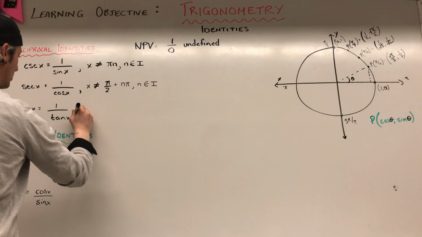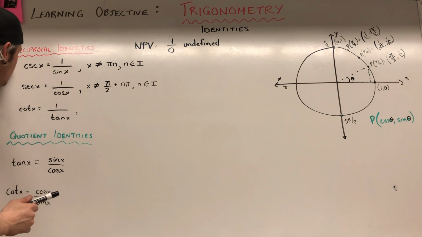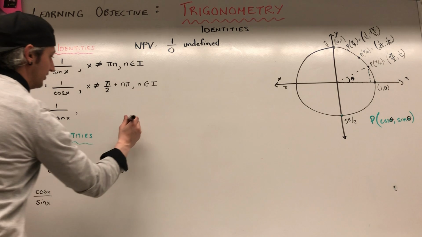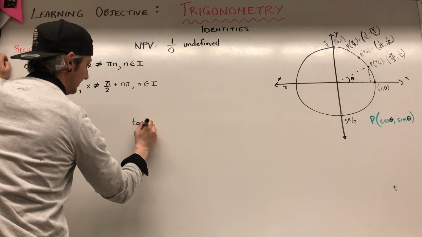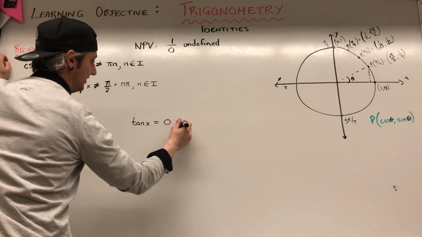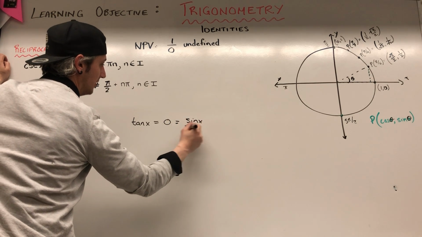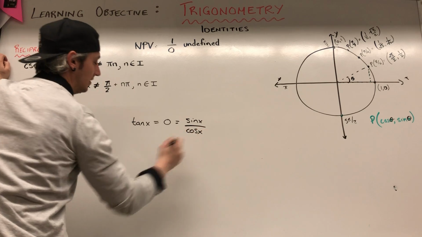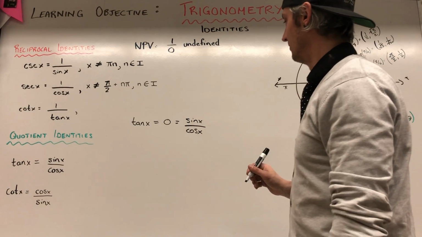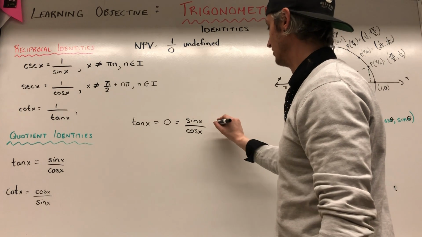Here, cotangent, where is tan of x going to be undefined? Or where is tan of x going to be equal to 0? So where is tan of x equal to 0? Well, tan of x is equal to sine of x over cos of x. So where are we going to get a sine of x is equal to 0 and a cos of x is equal to 1, or any other number?